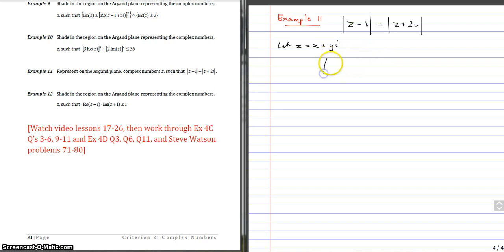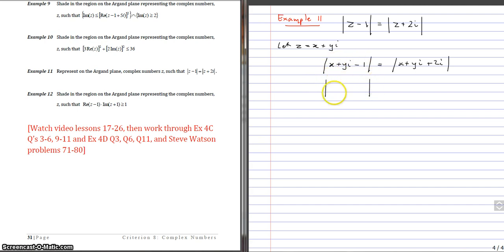So if we rearrange this, we've got the modulus of x plus yi minus 1 equals the modulus of x plus yi plus 2i. Now, let's just group these together.